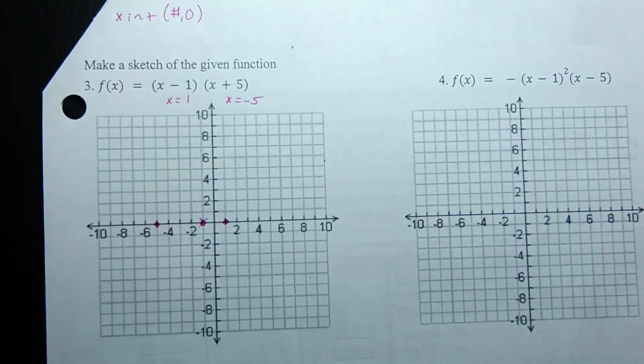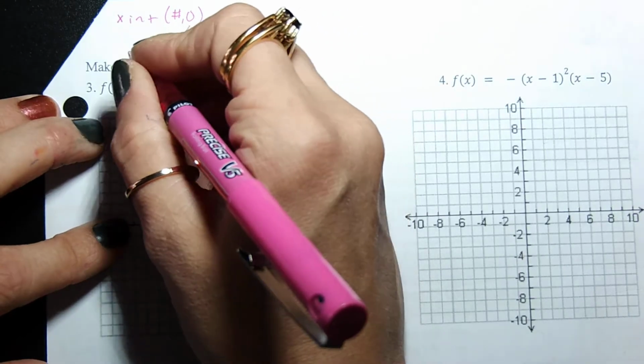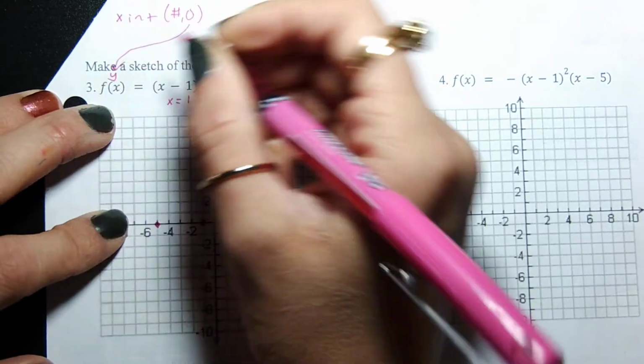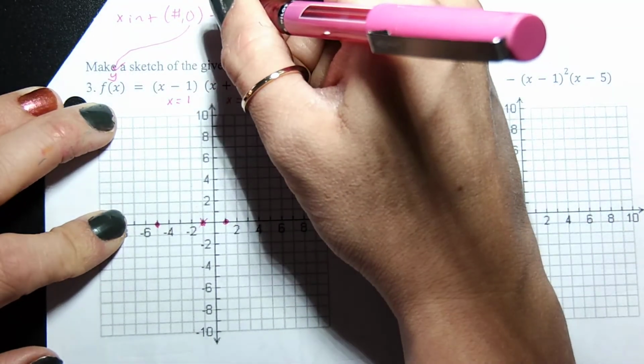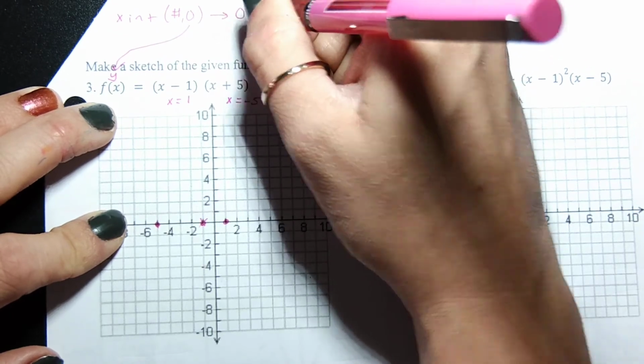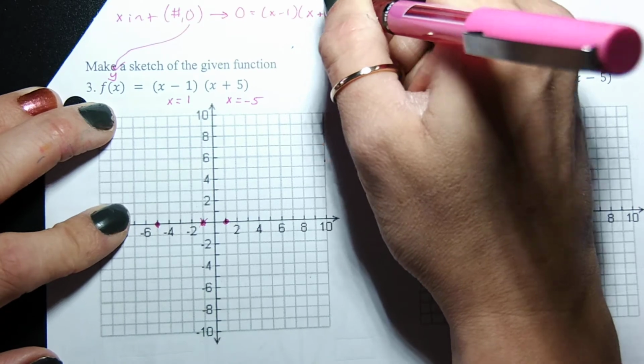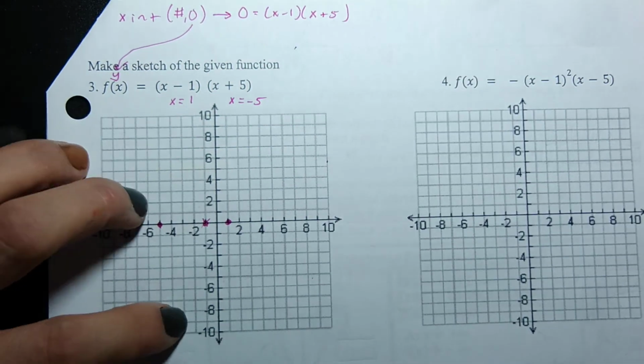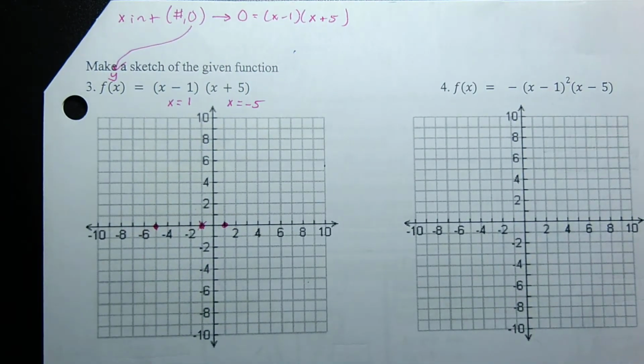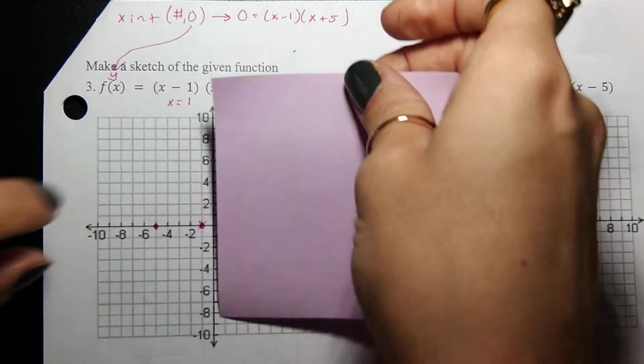So if I take 0 and plug it in for f of x or y, we would get 0 equals x minus 1 times x plus 5. Now I plugged in 0, and normally linear-wise, we would get something that we could easily solve. With quadratics, it's a little bit different, so we're going to get into one of our properties that's going to help us with solving.